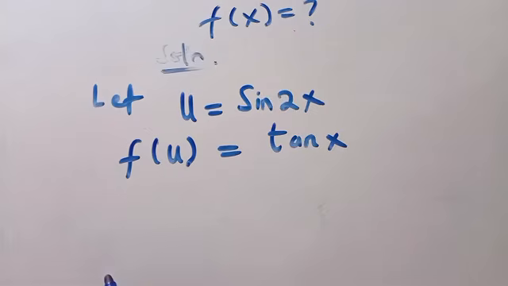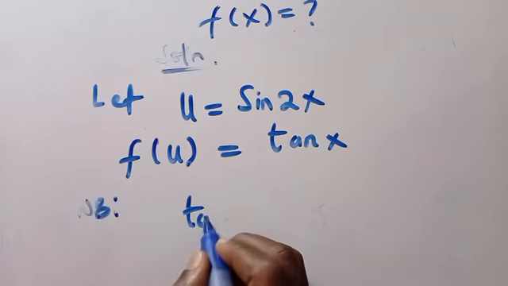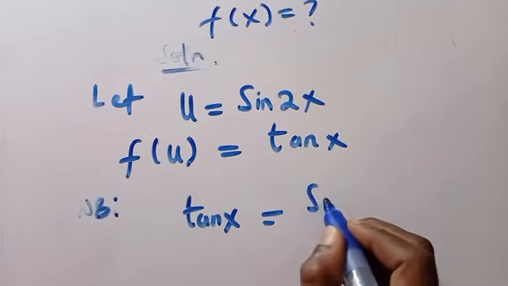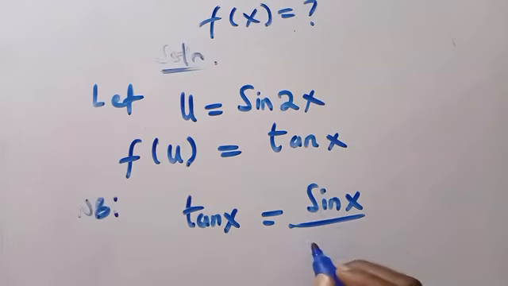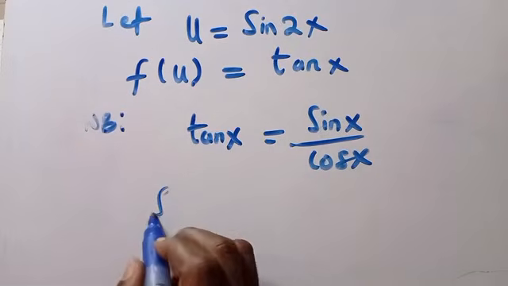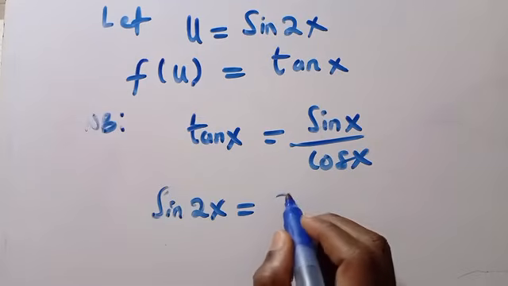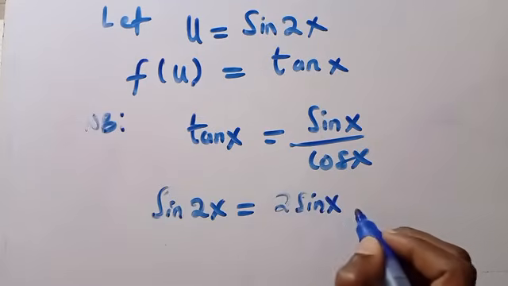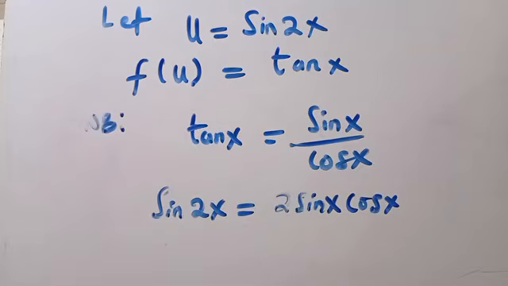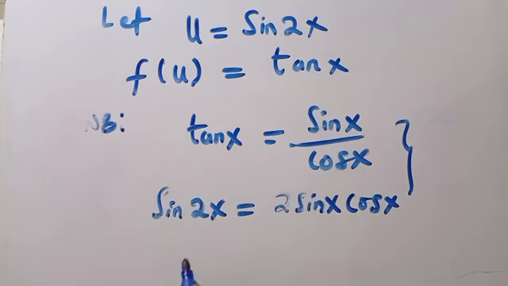What to do is, we are going to recall some trigonometric identities, where we note that tan x equals sine x divided by cos x. And again, sine 2x equals 2 sine x cos x. So these are the two important identities we are going to be applying later.